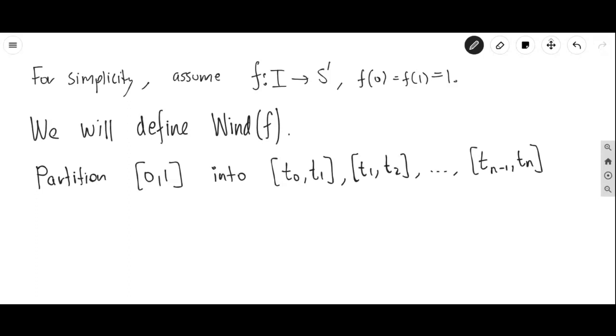You partition it into smaller subintervals. So the picture is, here's 0 and 1, and then you cut it up into smaller subintervals. Now, the subintervals do not have to be equally spaced, but you could make them equally spaced if you wanted to. Now, it's not a true partition because there is an overlap at the point, but let's not worry about it.